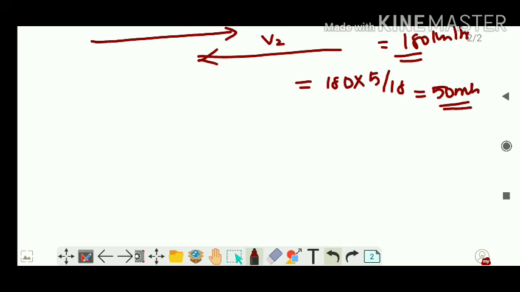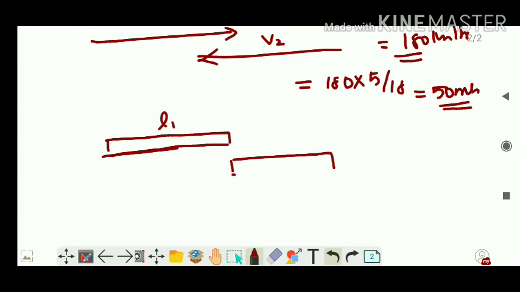Now let's draw. So this is my L1 train, right? This is my L2 train, right? Now how much distance does the second train have to travel so that it can cross the first train? See, first this L2 train has to cover this much length, right?